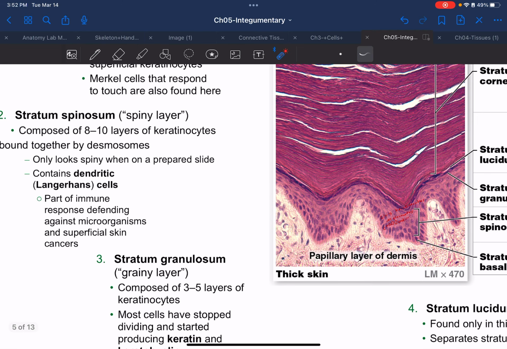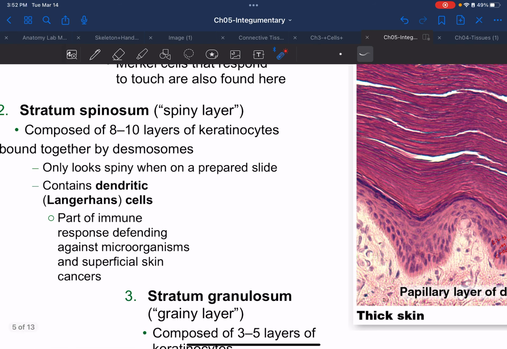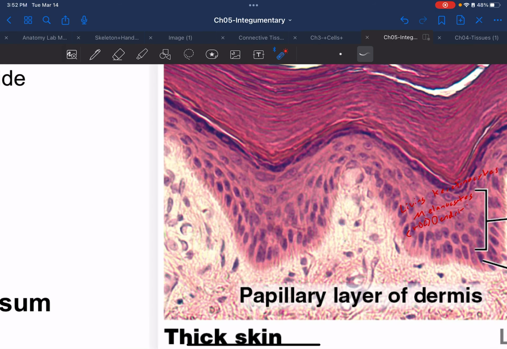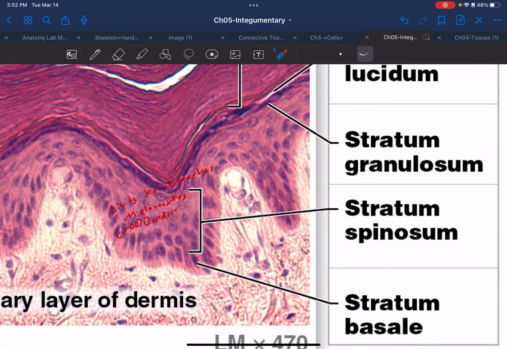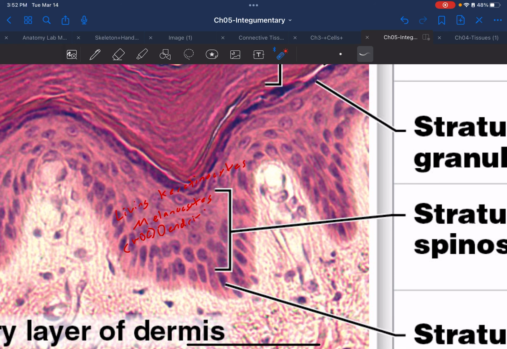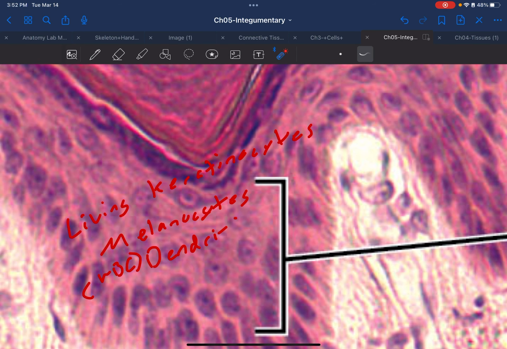Stratum spinosum. This is named after the fact that the cells sort of look spiky or flat or thinner. The keratinocytes have now been created by the basal cells, and they've traveled upwards to the stratum spinosum. What's going on here, I have a note that's a little hard to see, but what you want to write in here is that what you encounter there are newly formed living keratinocytes.